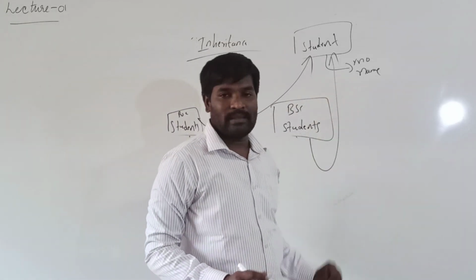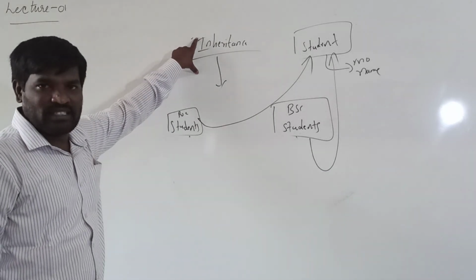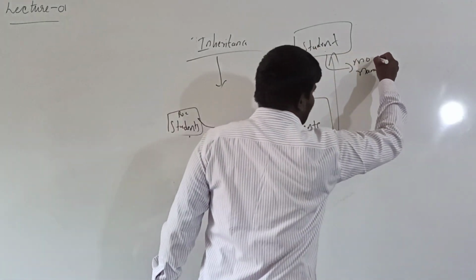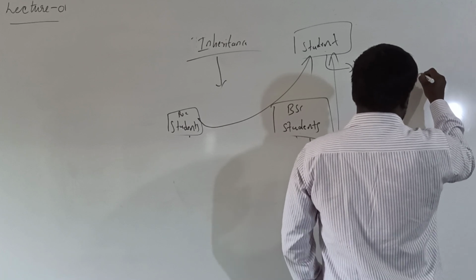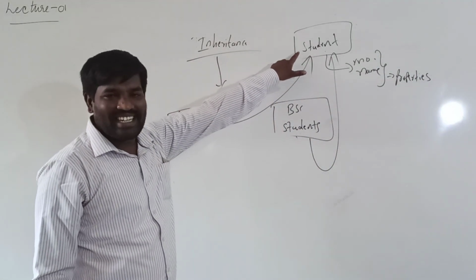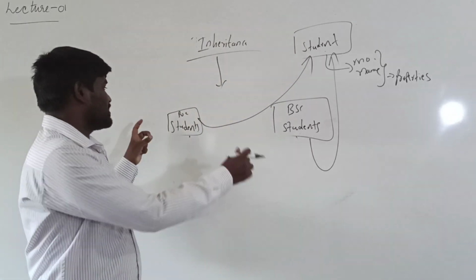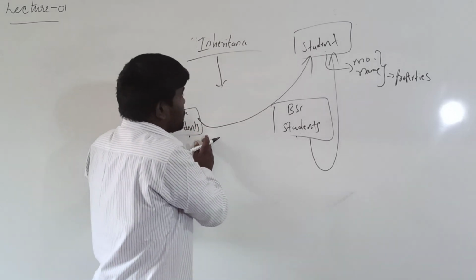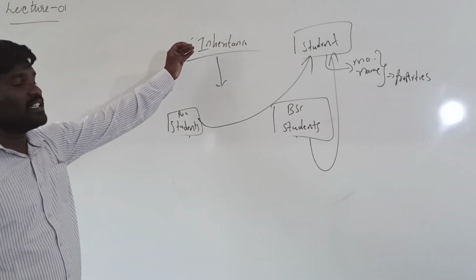Here, inheritance means acquiring the properties. For the student class, roll number and name are the properties. One class acquires the properties of another class. See here, PUC student is one class, and it acquires the properties of the student class. So this is nothing but inheritance.